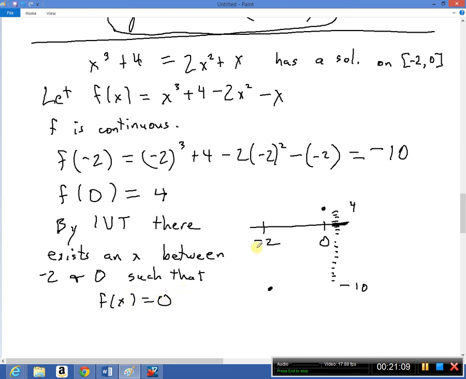And at that point, whatever that point is, it'll be the place where the function f of x is 0, and that will be a solution to the equation.